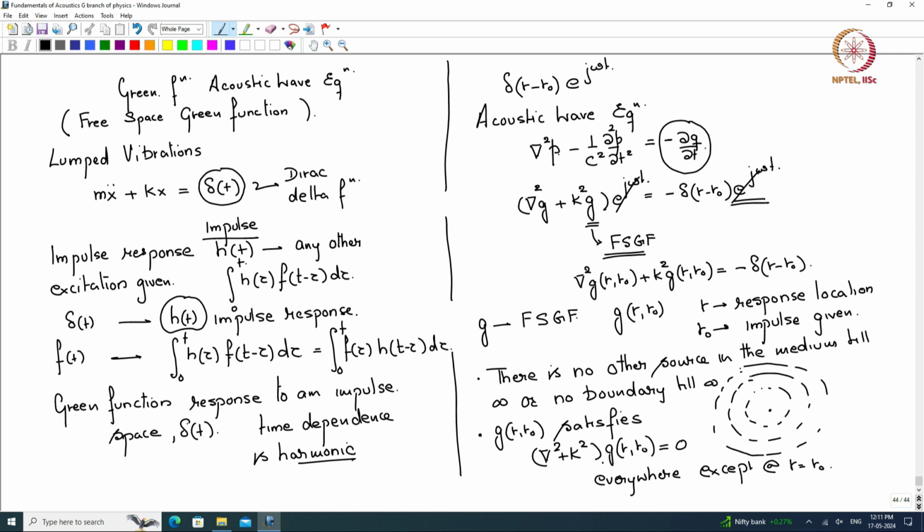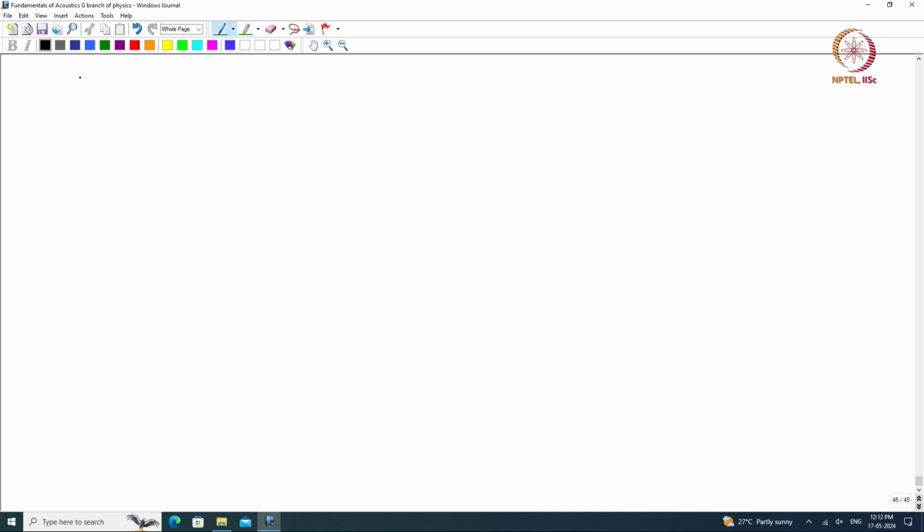So G satisfies the homogeneous Helmholtz equation everywhere except at r equal to r0, and at r equal to r0 we have del square plus k square acting on G of r comma r0 equal to minus delta of r minus r0.